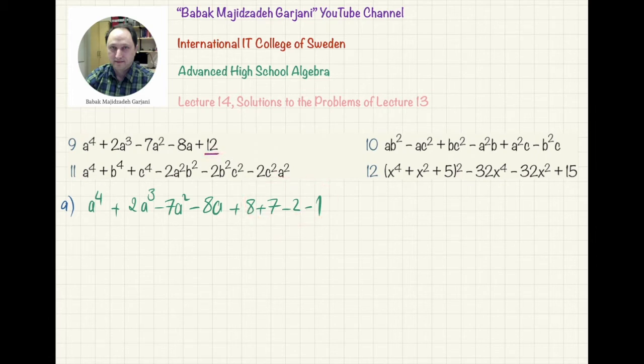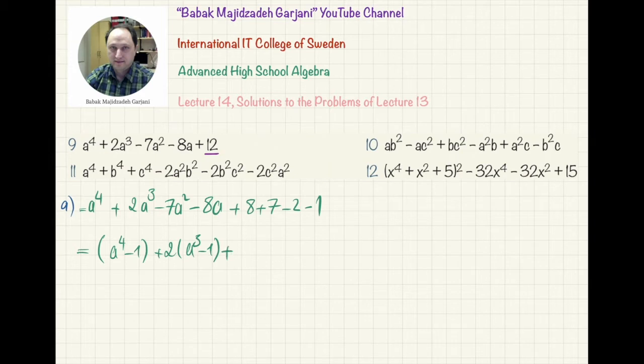But what motivated me to do this? Because I saw that I can factor 8, for example, here, 7 here, 2 here, and then I can combine this one with that one. So let us do it in this form. It becomes equal to a to the 4 minus 1. I combine this one and that one. Between these two, I can factor 2 out, so it becomes 2 times a to the power of 3 minus 1. Between these two, I factor minus 7 out, because I want to have a squared first with positive sign.